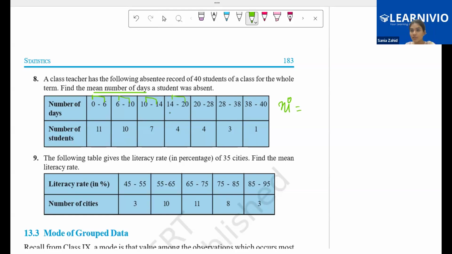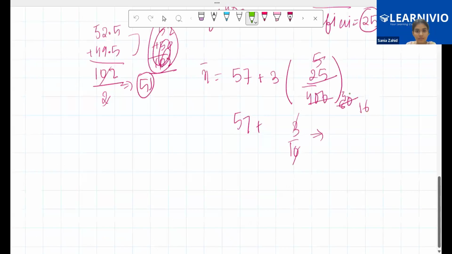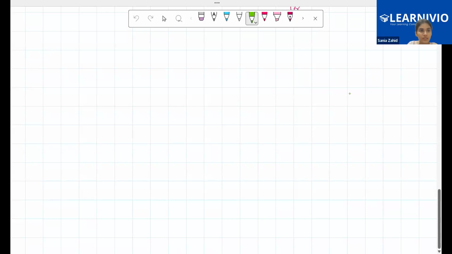If you find the xi for all the following, I will draw the table. See, what is the first column? The first column is number of days.